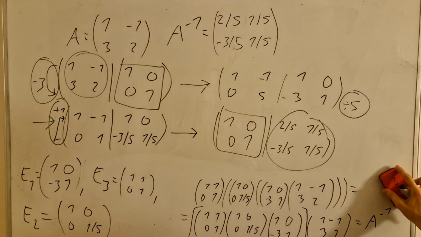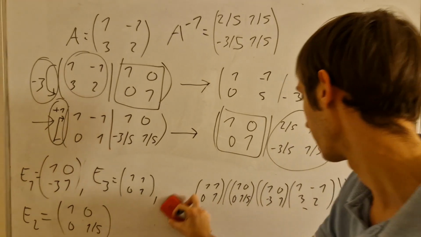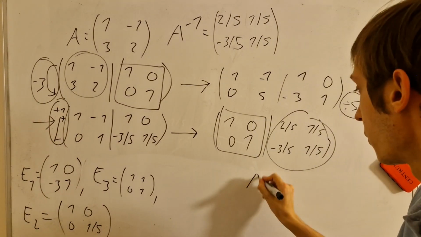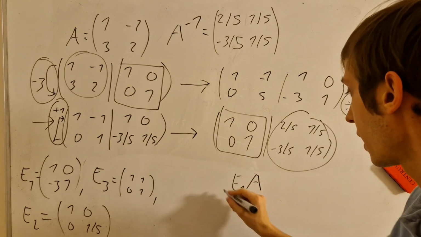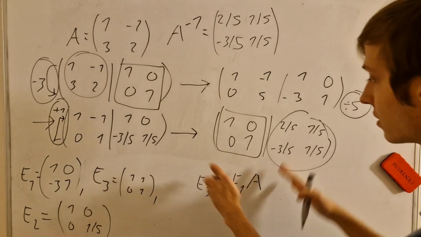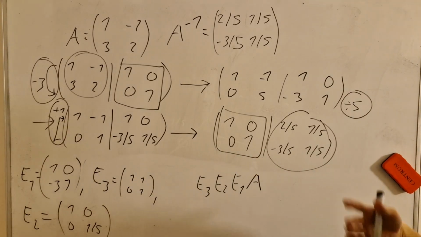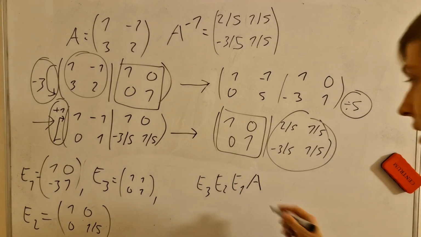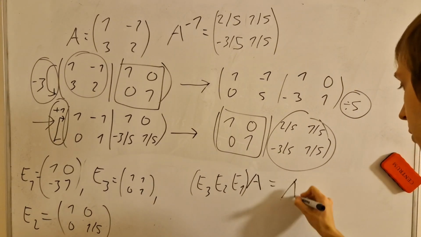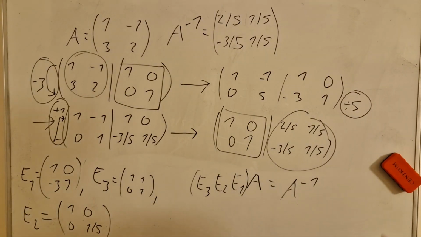And in other words, I can just write out their names. So what we did is we took A, we applied E1 to it from the left, then we applied to all of it E2 to the left, E3, and the parentheses order doesn't matter. The associativity is there. So we can say that basically this thing to the left of A created A to the minus 1.